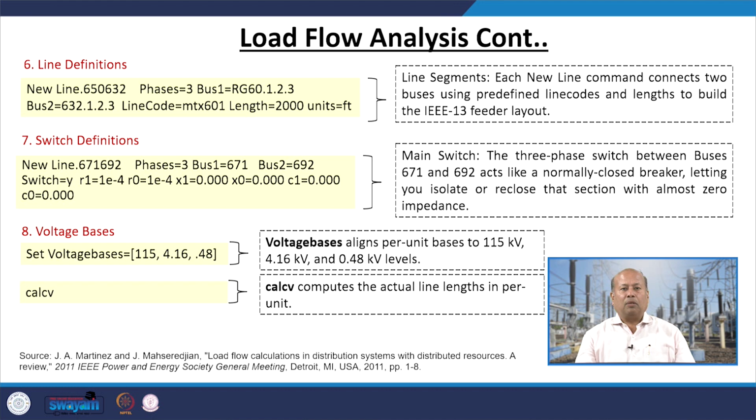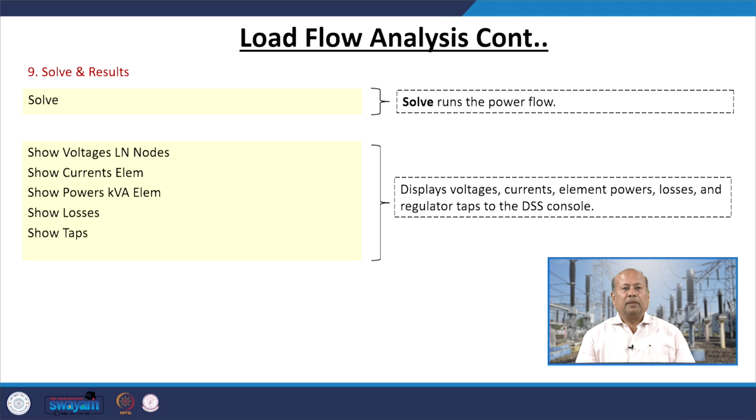Then CalcVoltageBases computes the actual line length in per unit, and finally solve and results run the power flow and display the voltages, currents, element power losses and regulator steps in the DSS console. I think OpenDSS is open source software available free of cost. So, I request and recommend all the students to practice this problem through the OpenDSS platform.